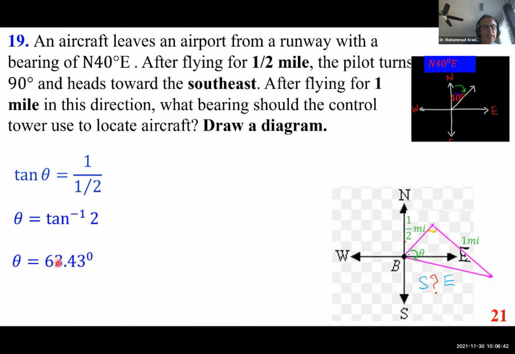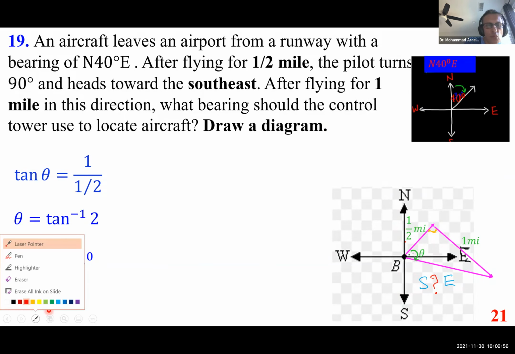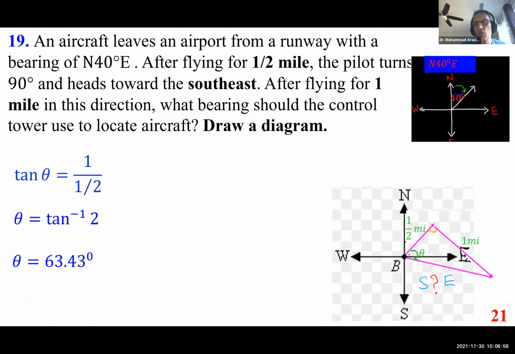So if I add this number to 40 and subtract it from 180, I get this angle. So we have this angle, everybody, which is 40 degrees.